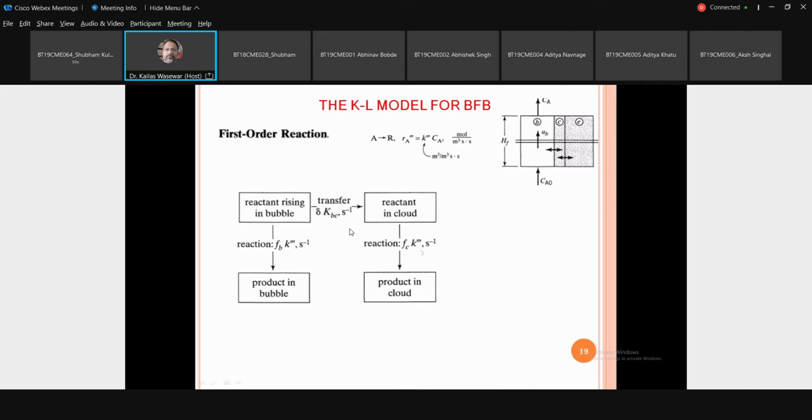So there will be reaction, depending on the fraction of solid in the cloud and the rate constant, and so there will be product. Now this reactant will move from the cloud to the emulsion. Again there will be the mass transfer coefficient and bed fraction in the bubble. Then there will be reaction in the emulsion, with the fraction of solid in the emulsion and the rate constant.